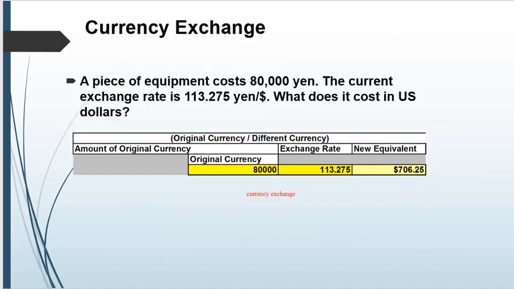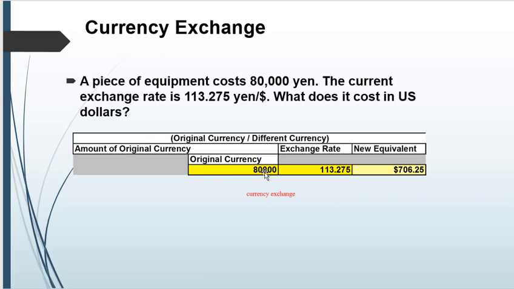So let's think about a quick little example here, right? You want to buy a piece of equipment that costs 80,000 yen, and the current exchange rate is 113.275 yen per dollar. So what does this cost in US dollars? Well, here's what we have to do. You have to think a little bit about the exchange rate that you use.